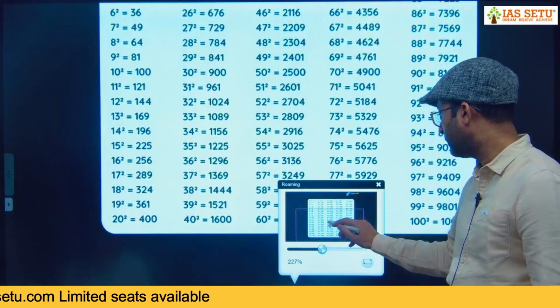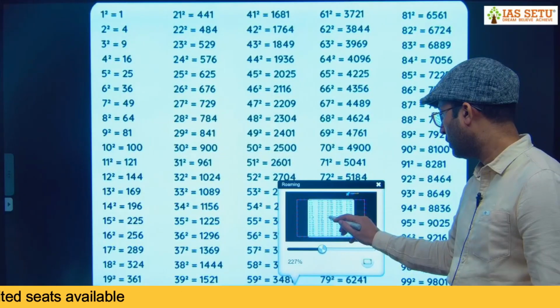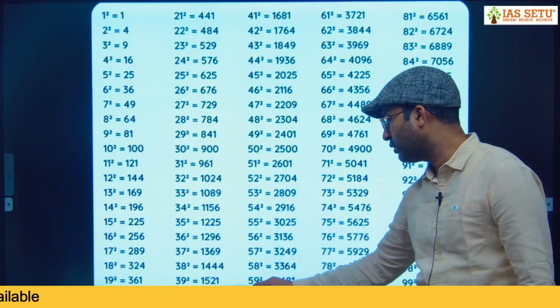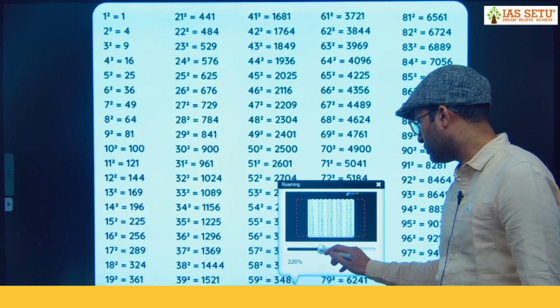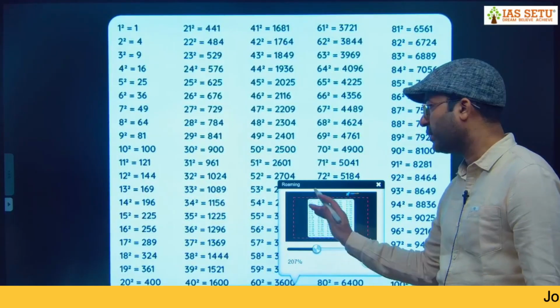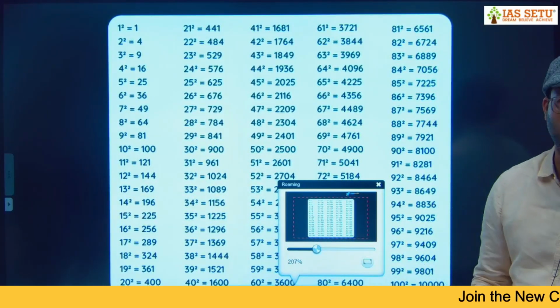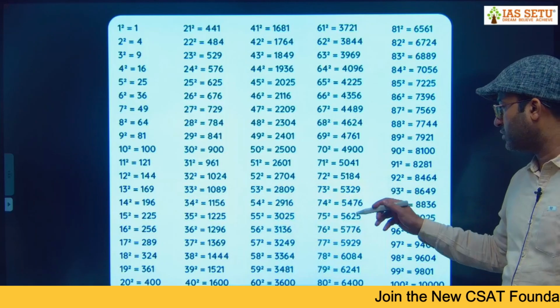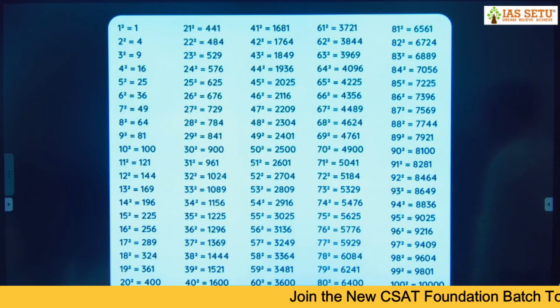Is it visible? Otherwise, like in your mobile, you can just type Google पे list of squares from 1 to 100. You get this table first. पहले ये table मिल जाएगी.